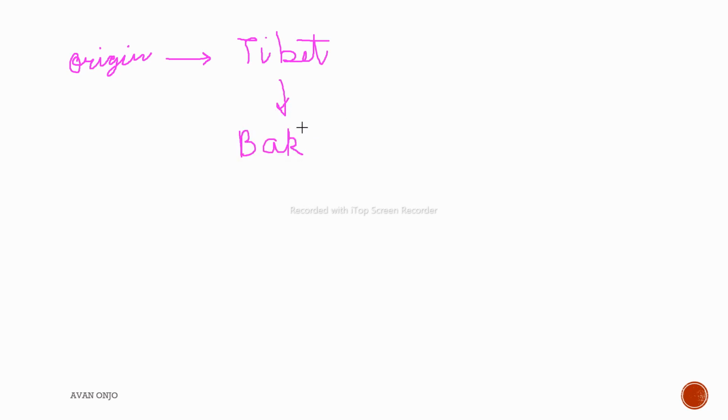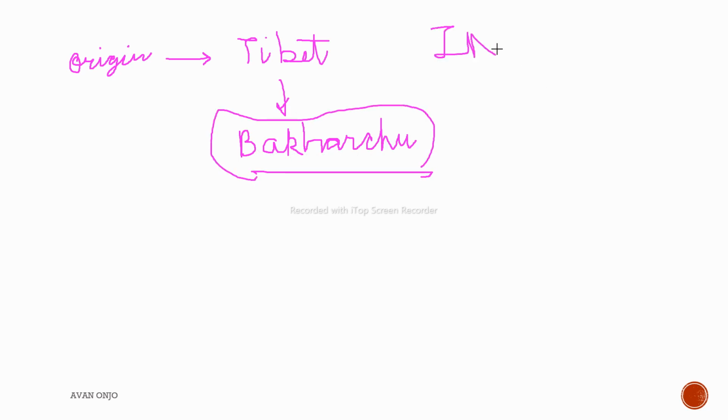You have to know the name, you can write this down. This is the place where the Indus originates.